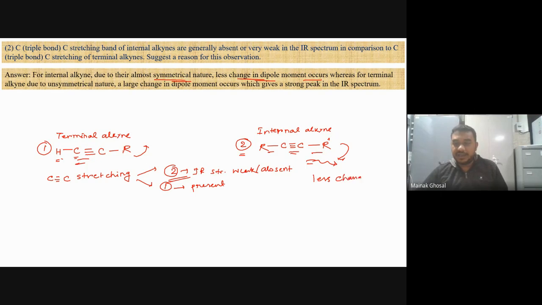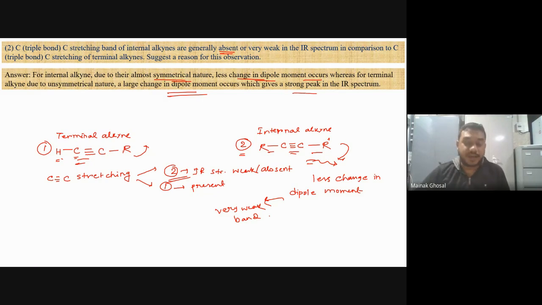So there is less change in dipole moment. What will happen if there is very little change in the dipole moment? What I have told you: very little change means a very weak band. That is what is asked in the question. Very weak bands are generally absent in the IR spectrum, but in the case of unsymmetrical ones, there is a huge change of dipole moment, which gives a strong peak in the IR spectrum.